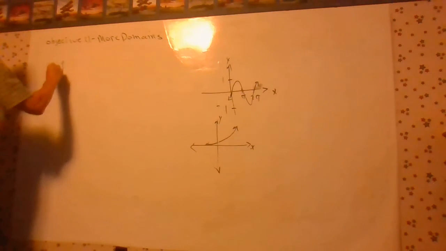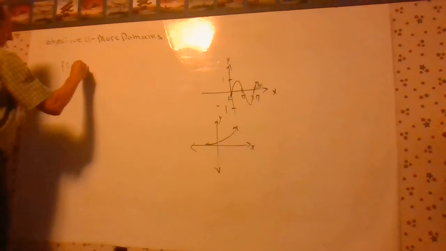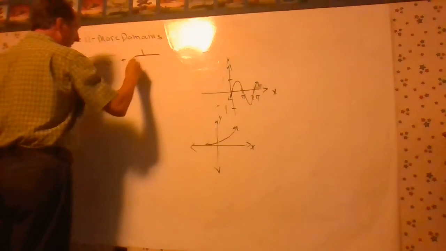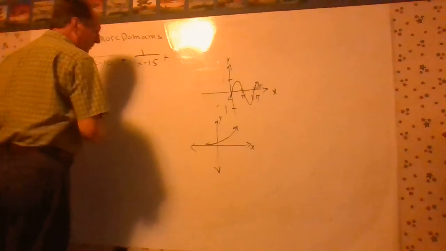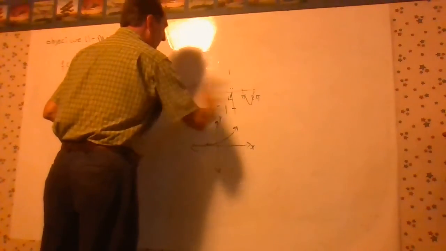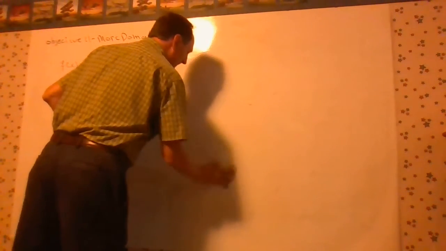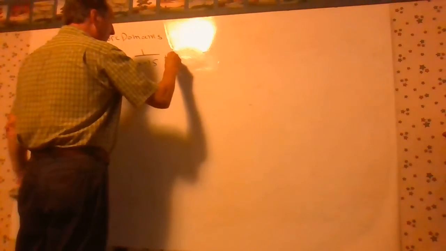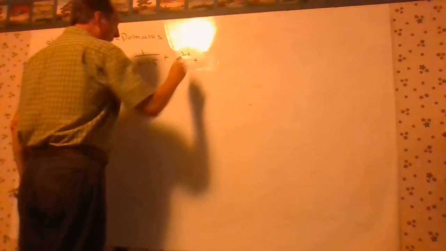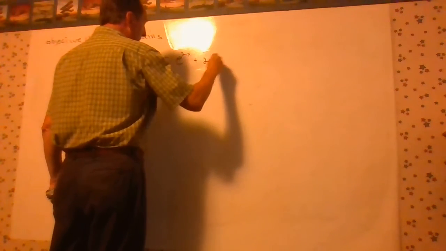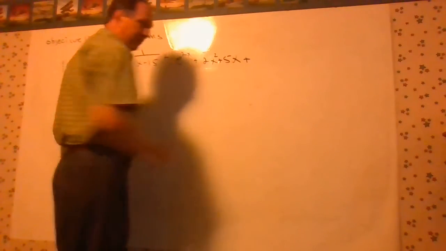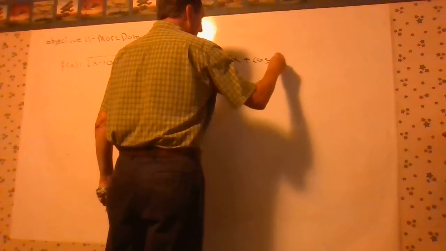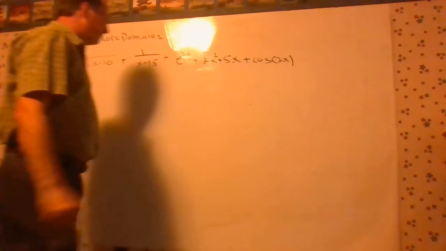Let's suppose we have f of x equals square root of x minus 10, plus 1 over x minus 15, plus e to the 2x plus 2x squared plus 5x, and plus cosine 2x.